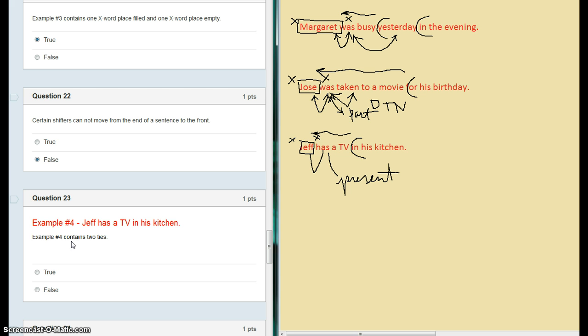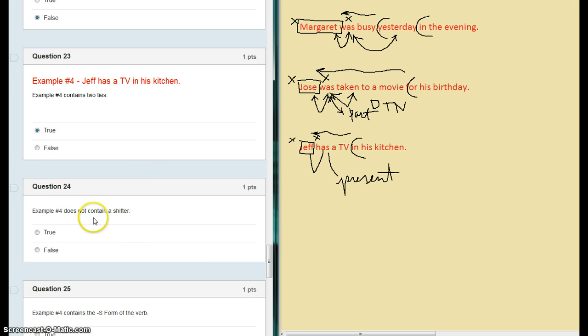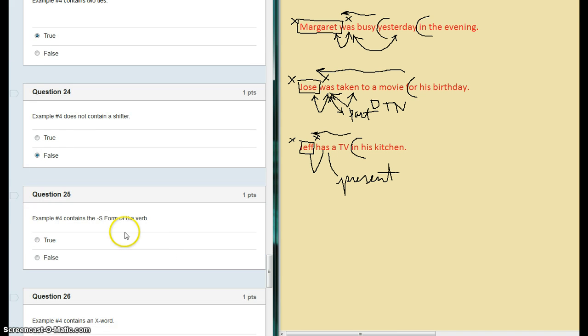Example 4 contains 2 ties. Yes. Subject, verb, verb in time. True. Example 4 does not contain a shifter. False. Example 4 contains the S form of the verb. Absolutely true. That's the S form. I keep forgetting to write down. This is the S form.